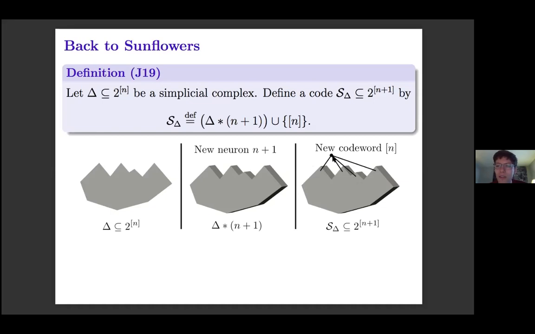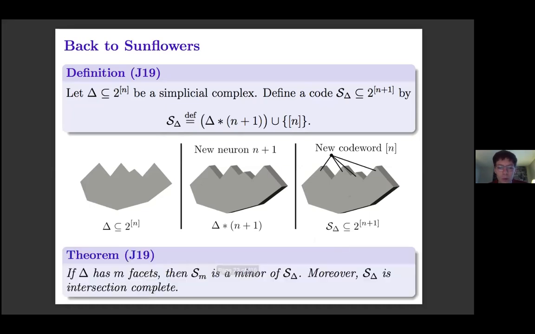The important thing about this new code word is that it contains all of the facets of my simplicial complex delta, because these were just facets on neurons 1 through n. And so these are no longer going to be maximal code words. This code word n is going to be a maximal code word that contains all of those.